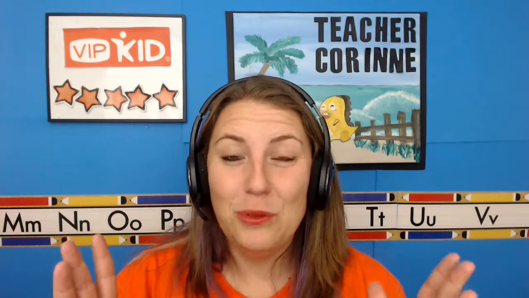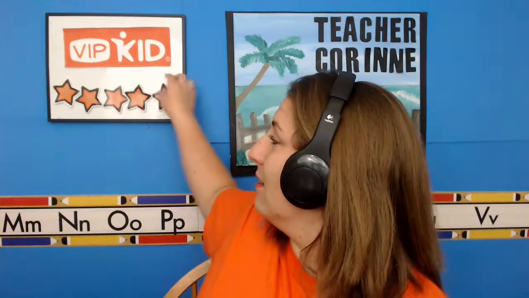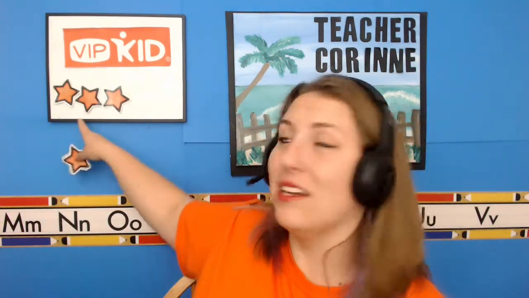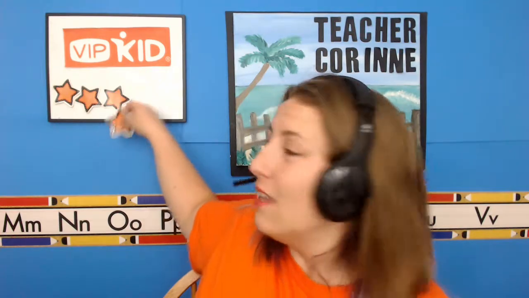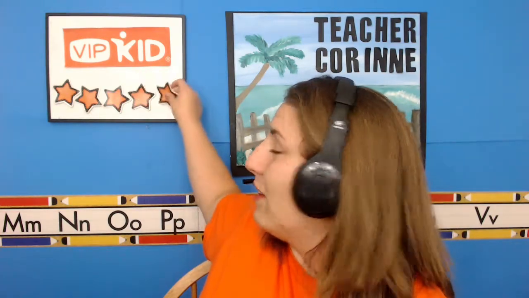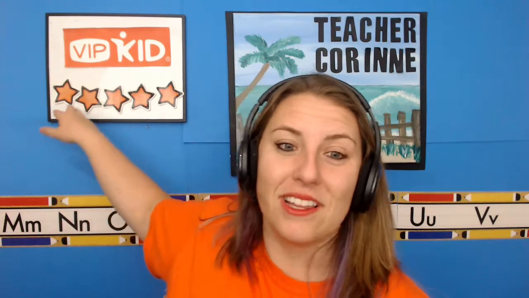Something that I do in my classroom is I give stars every 5 minutes, and I keep track of it right behind me. So I almost have this visual timer behind me that lets me know where I am. I know I need to be 20% into the class, 40, 60, 80, and finally that's my end of the class star.